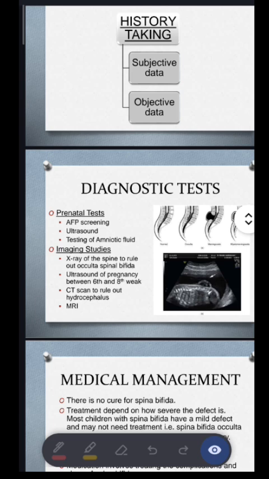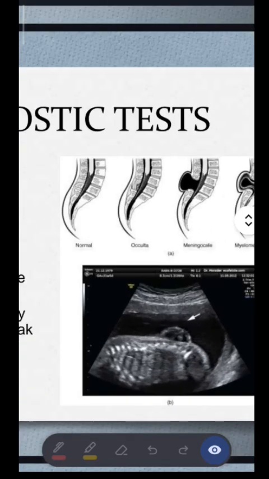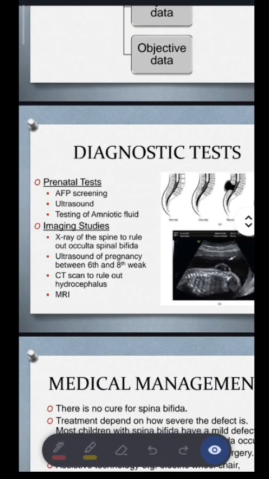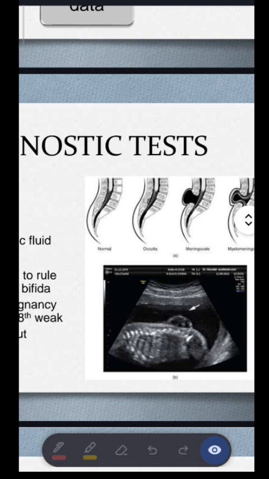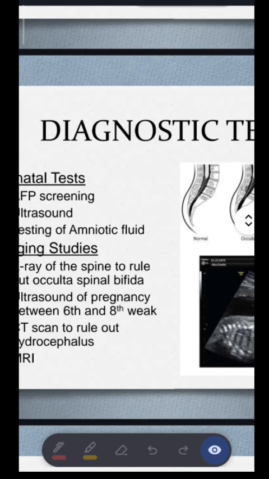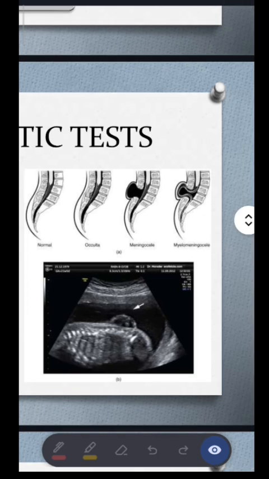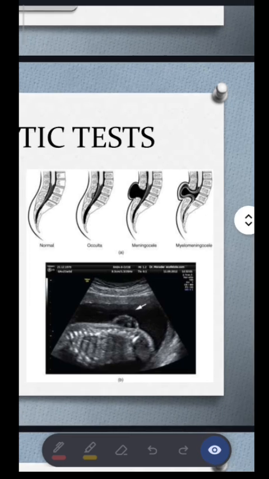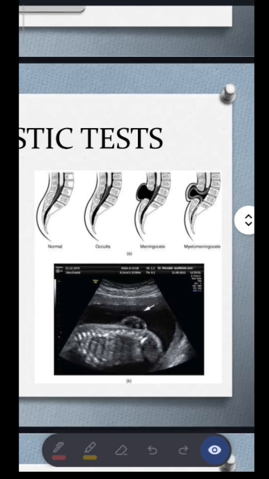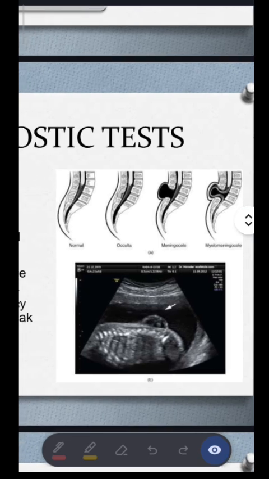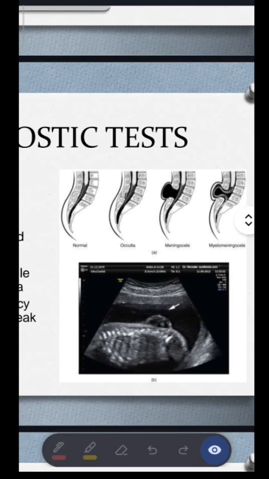Here we can see the X-ray or ultrasound scan of the neural tube defect, such as normal, occulta, meningocele, and myelomeningocele.